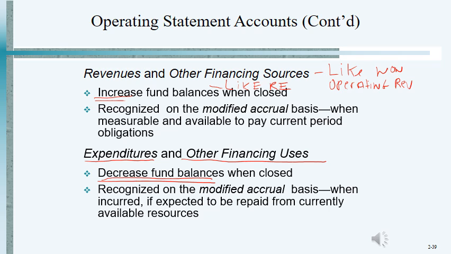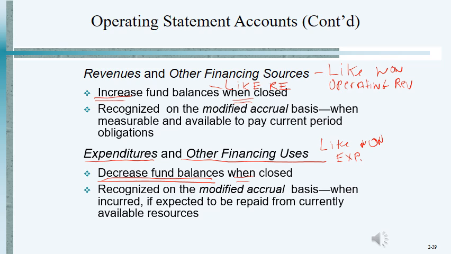Very important that you realize that when we close these items out, just like you would close revenues and expenses to retained earnings, you close your revenues, expenditures, other financing sources, which are like non-operating revenue, and other financing uses, which are like non-operating expenses, to fund balance. The revenues and other financing sources increase fund balance.